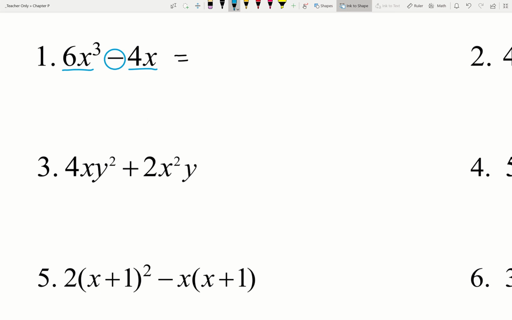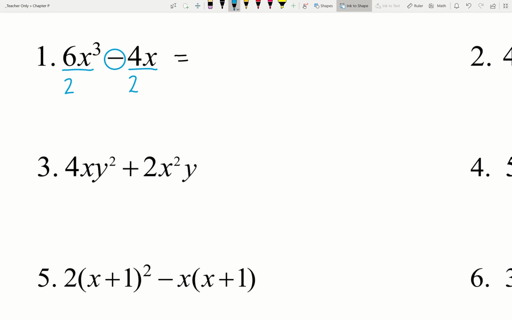So when you factor out a GCF, remember that's called a greatest common factor. You're looking for a common factor of 6 and 4, but you're also looking for the greatest one. So the biggest common factor that you can factor out of a 6 and a 4, I believe, is going to be a 2. Okay, 6 and 4 are both even numbers, and so as far as common factors that they're going to have, looking for the greatest one, I believe that's going to be 2. And then I'm moving on to the variable terms.